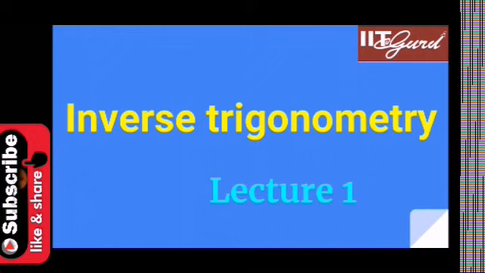As they are periodic, they never show bijective nature, so the problem is that the inverse doesn't exist. So for the inverse to exist, we first have to make the trigonometric function bijective, meaning we consider only the principal value. So now let's start inverse trigonometric functions.